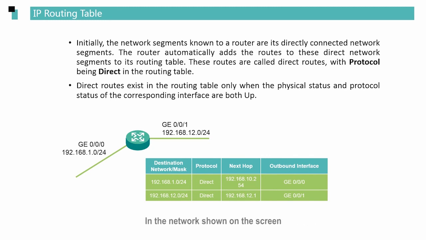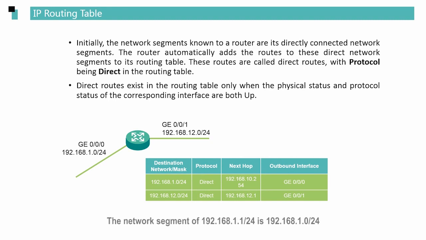In the network shown on the screen, an IP address of 192.168.1.1/24 is configured for interface GE 0/0/0.